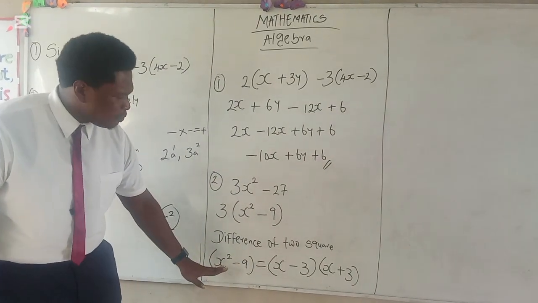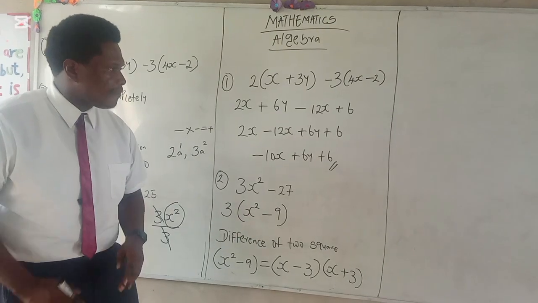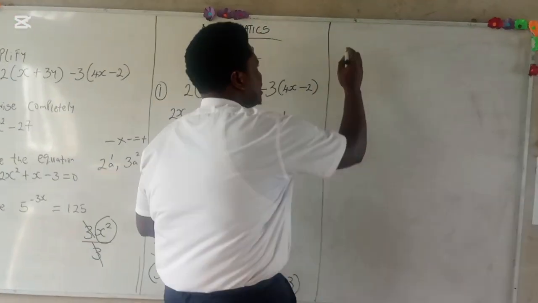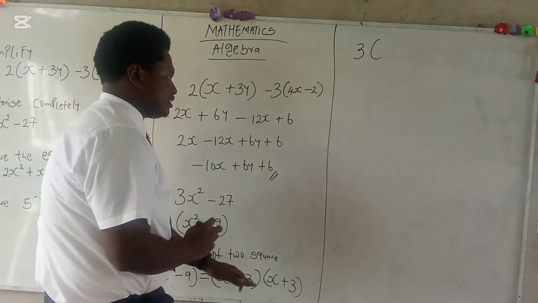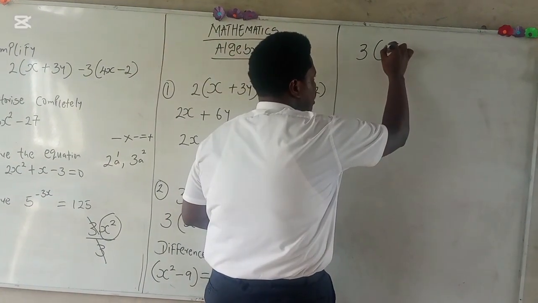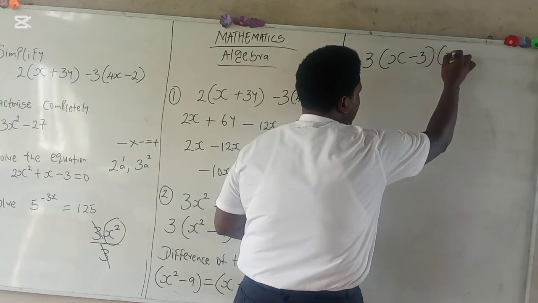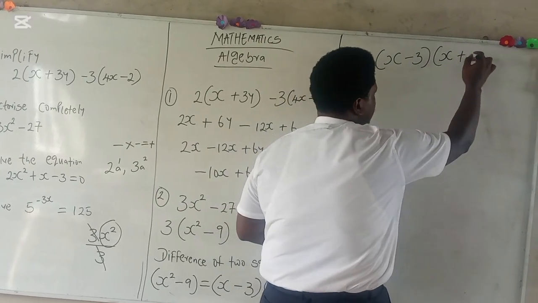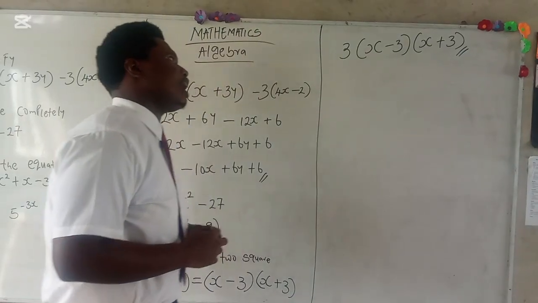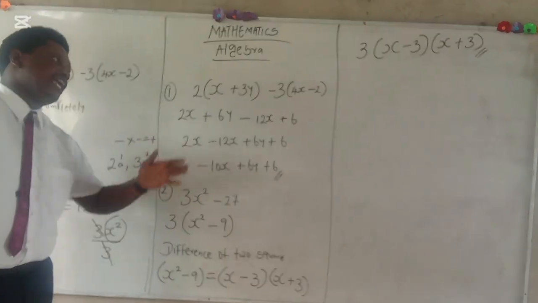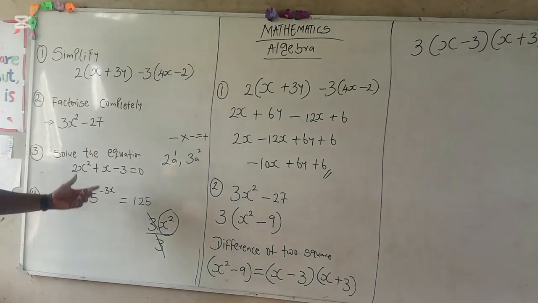So having been able to use the difference of 2 squares, our final answer will now be 3 into x minus 3 and x plus 3. And this becomes our final answer. And at this point, we've been able to factorize completely.